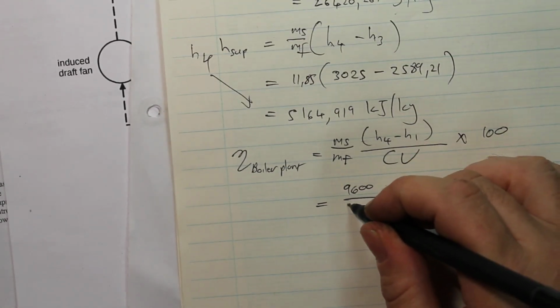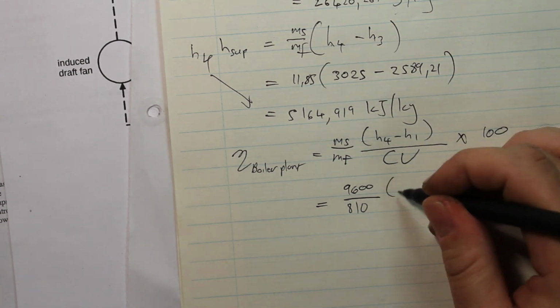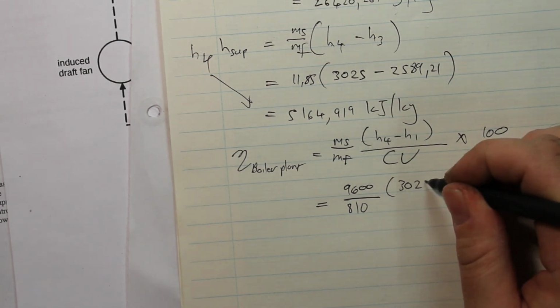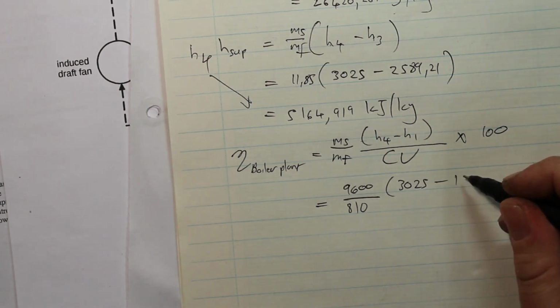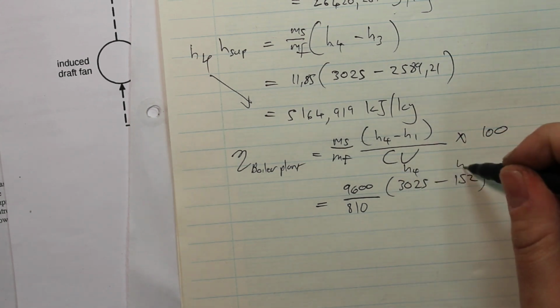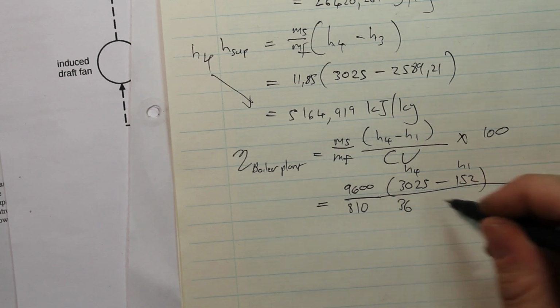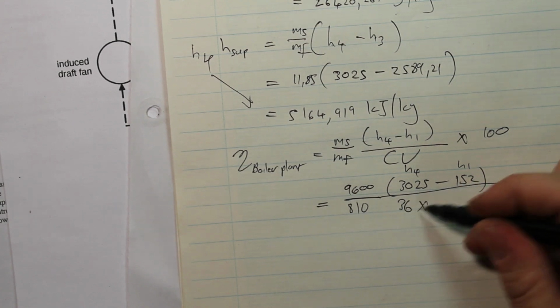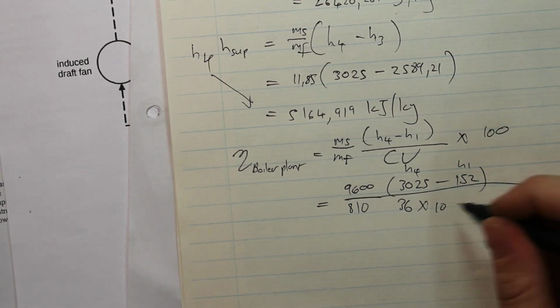Okay, so in the end, it's going to be 9,600 over 8,100, which we know is 11,85. Open bracket, 3,025 minus 152. So that's our H4 minus H1, over the 36 megajoules from the coal. So we're going to say 36 times 10 to the 3.